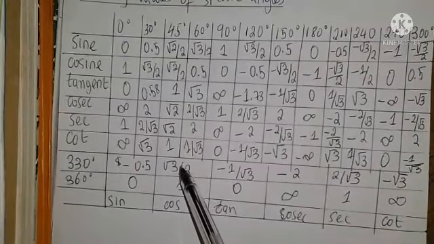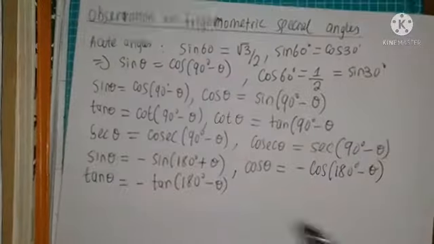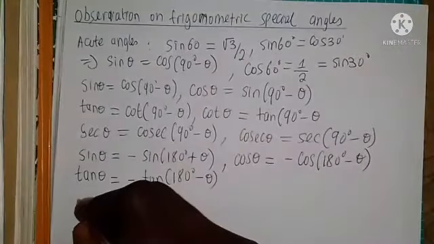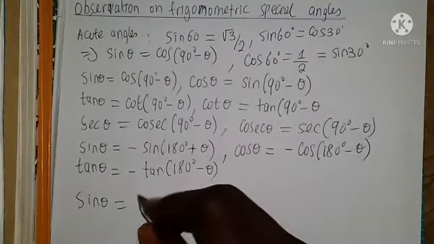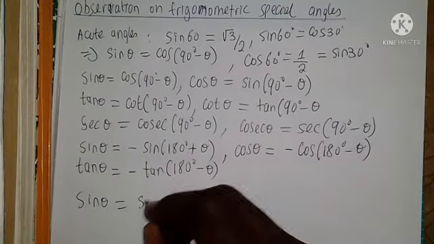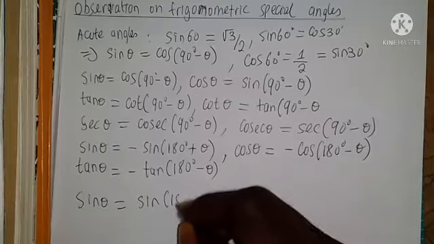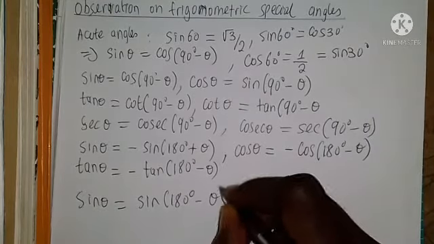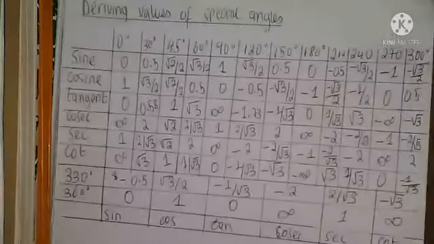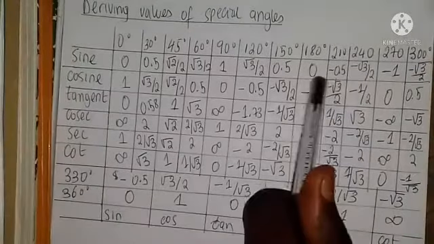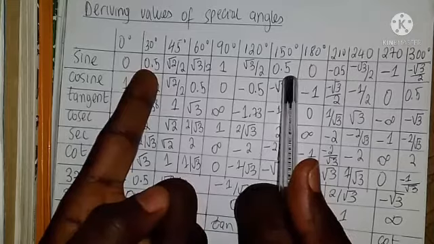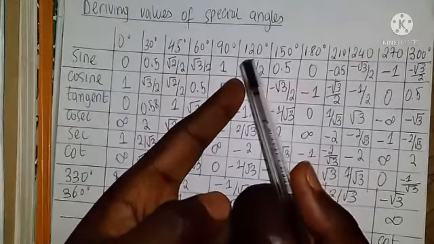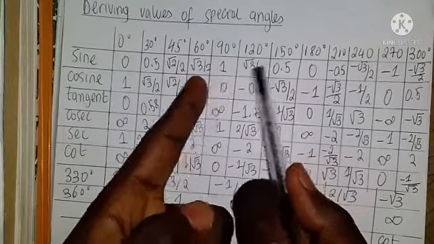So here it tells us that sine theta is the same as sine of 180 degrees minus theta. Yes, because sine 150 is the same as sine 30, since 180 minus 30 gives us 150. 180 minus 60 gives us 120, and the two have the same values. That is it for sine.